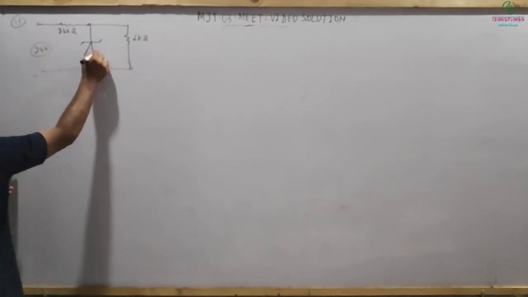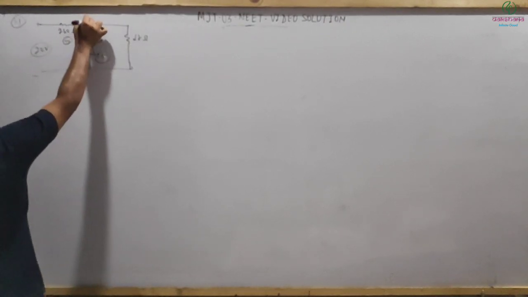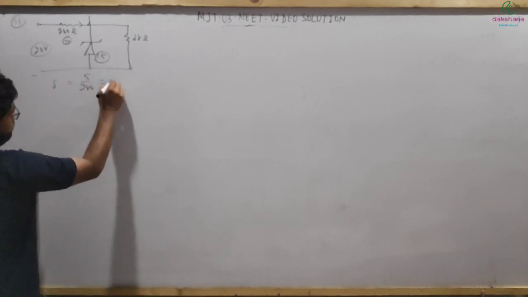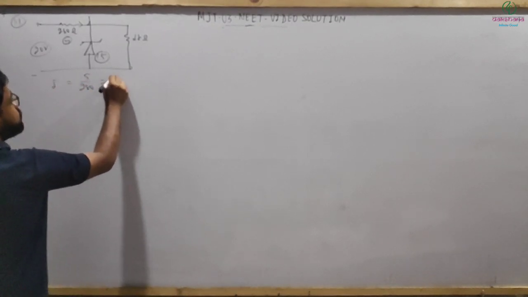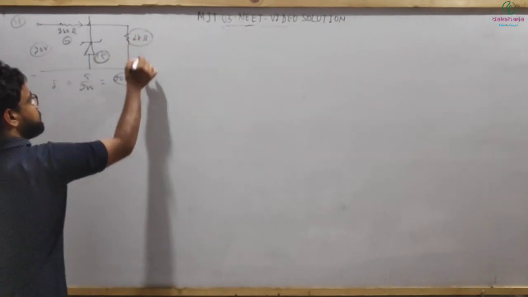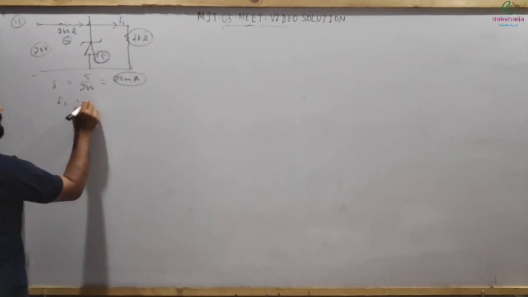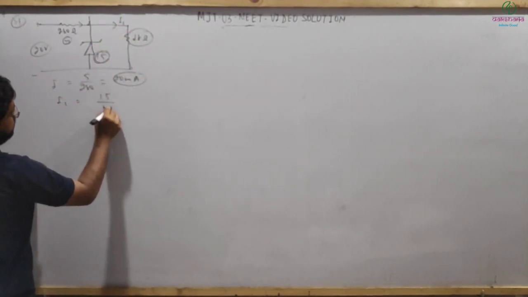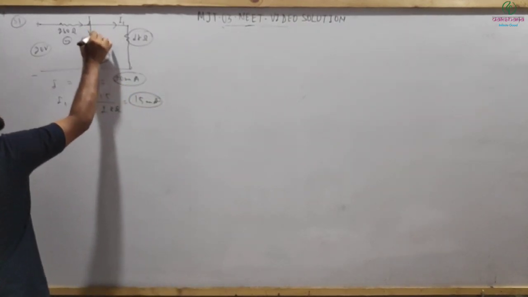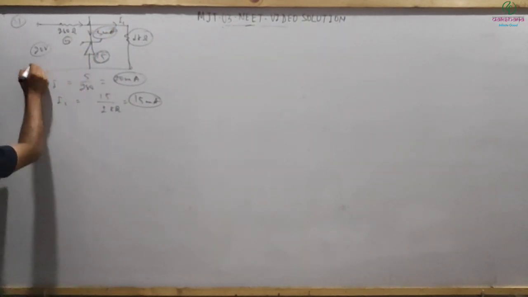So 20 volt, it's 15 volt, 5 volt across the resistor. Current I can be written as 5 divided by 250, that's equal to 20 milliampere. Now 15 volt will be also across this, so let's say it's I1. So I1 can be written as 15 divided by 1 kilo ohm, that means 15 milliampere. The current through the Zener must be 5 milliampere. That's matching with option number 1.